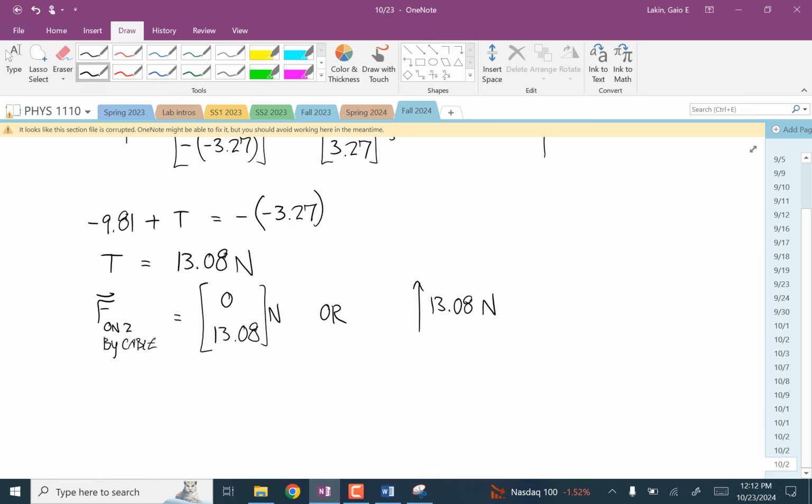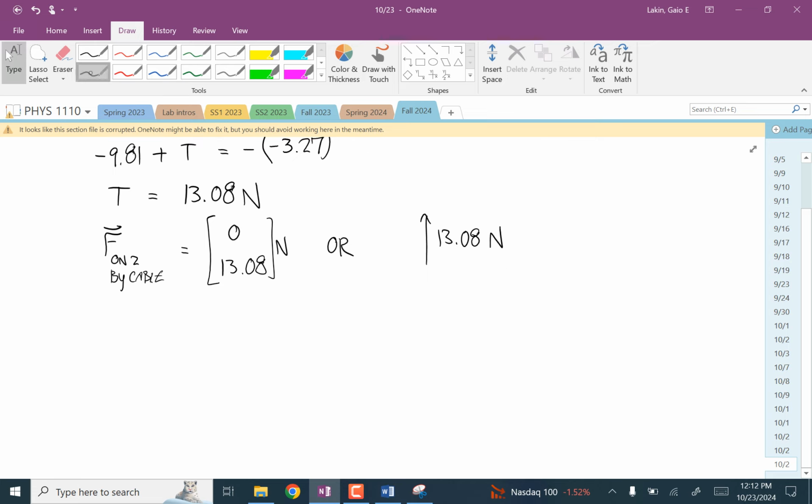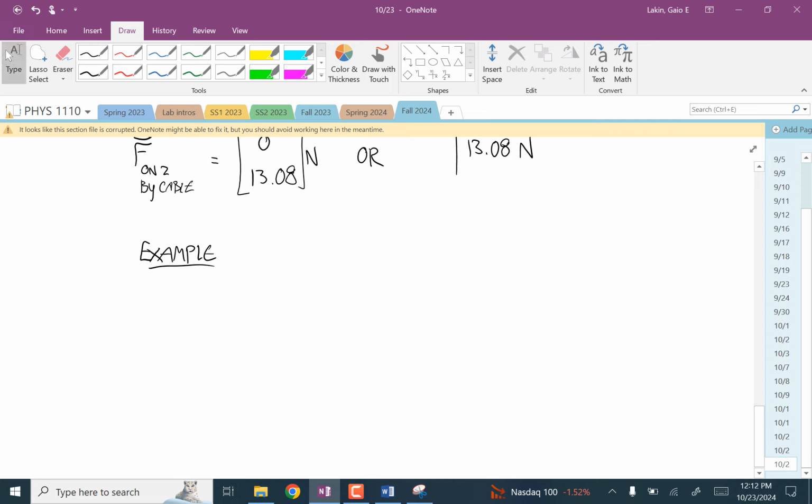Okay, I want to do one example of these problems where we have a body that's rolling or sliding on an incline. So let's say we have an incline of 10 degrees. And a pulley.